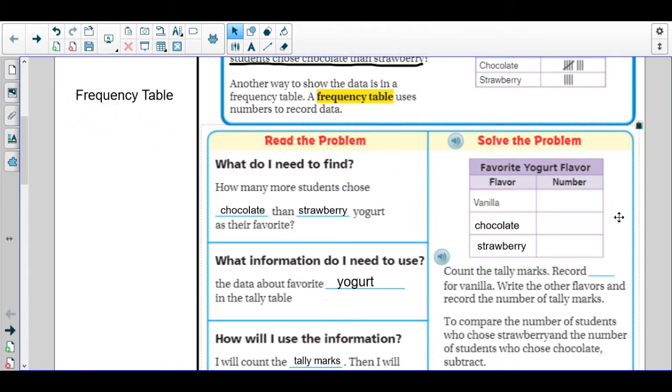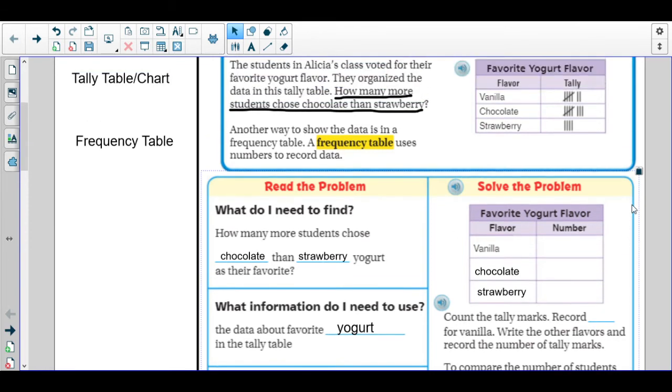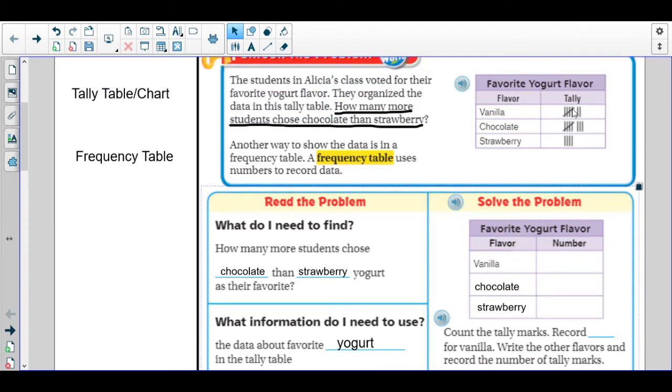So a frequency table pretty much uses numbers, all right? So how many tally marks do we see for vanilla? Well, we have a grouping of 5 plus 2 more, so 5, 6, 7. How many for chocolate? We'll have a grouping of 5, then 6, 7, 8. And then for strawberry, we have 1, 2, 3, 4.